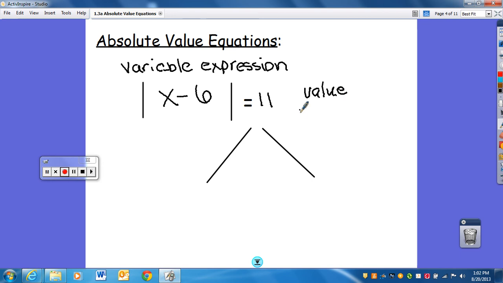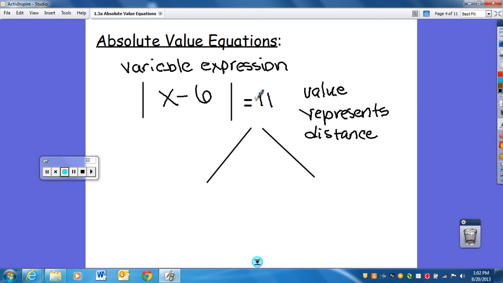What we talked about before is that the distance from zero on the number line could be to the right or to the left. We're not sure which one we're going to be talking about. So in that situation, there are going to be 2 different solutions.